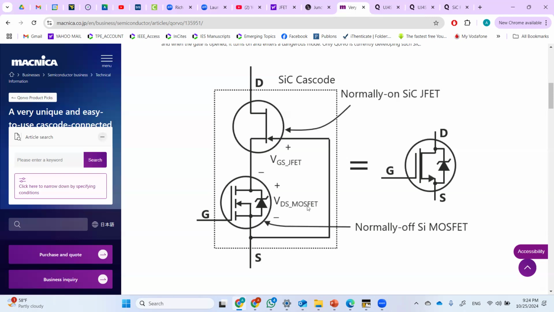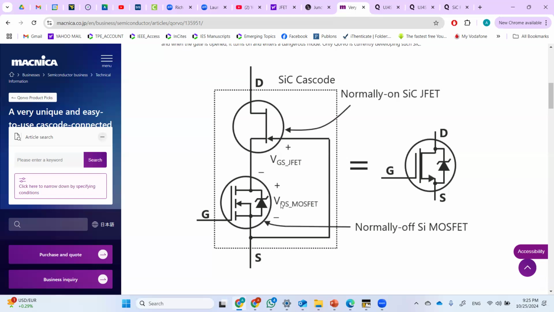Since this is normally off and this is normally on, by the end, since they are connected in series, it will be normally off. When you turn off this MOSFET, the whole branch will be off. When you turn on this MOSFET, it will keep this one on and conduct together. So this is the benefit of connecting such technology together.